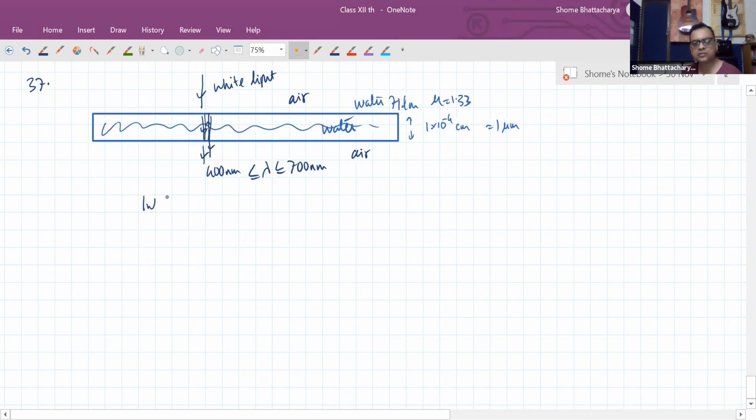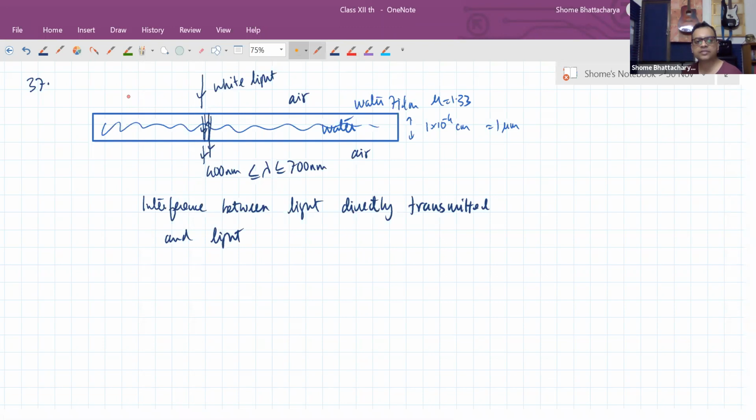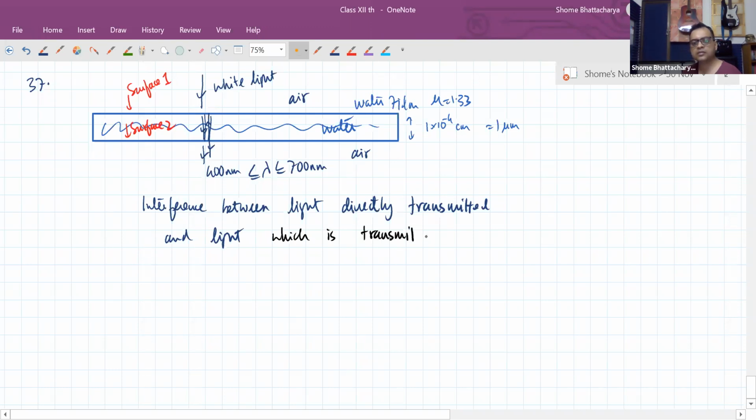So interference you have to consider between light directly transmitted and light which, if we take this as surface 1 and this as surface 2, is transmitted at surface 1, then reflected at surface 2, and then again reflected at surface 1.